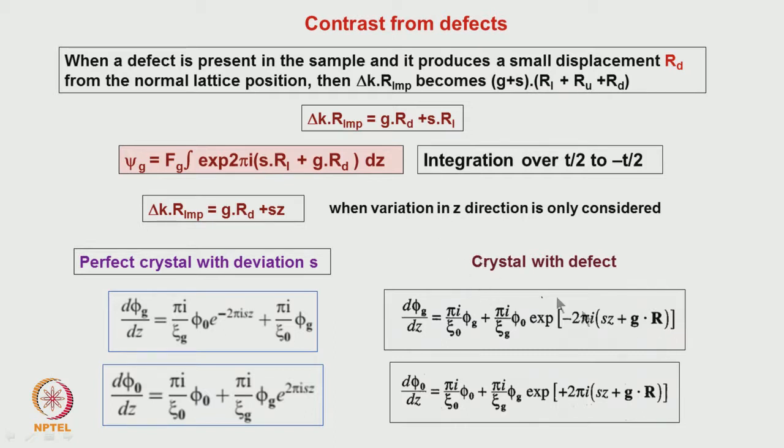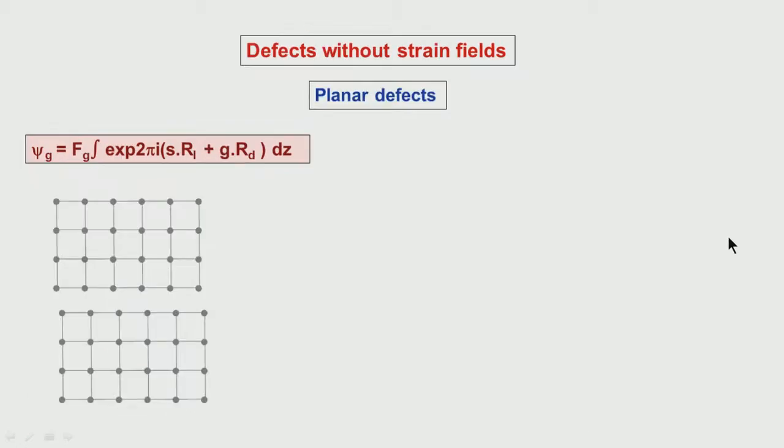Using either the phasor amplitude diagram for the kinematical condition, or the dynamical theory, both could be used to get information about how the intensity of the diffracted and transmitted beams varies at different points, both in the perfect crystal as well as in the regions which contain the defect.